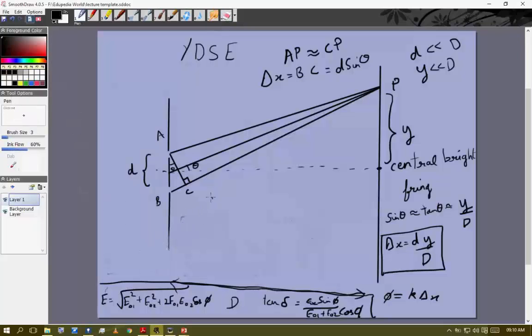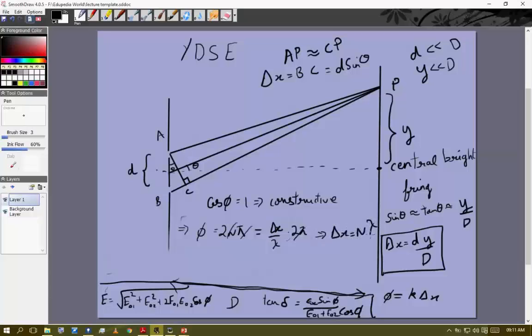Now, if cos phi is equal to 1, that means constructive interference. That means phi is equal to 2n pi, which is equal to k times delta x, or delta x by lambda times 2 pi. So the 2 pi cancel, which means delta x is equal to n lambda.